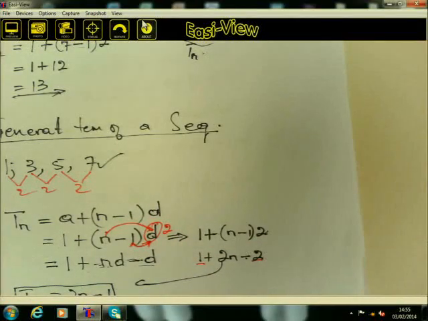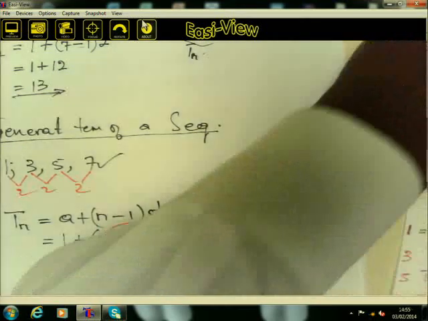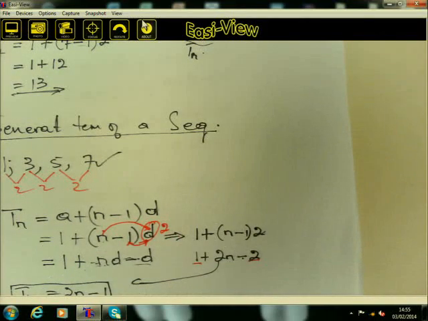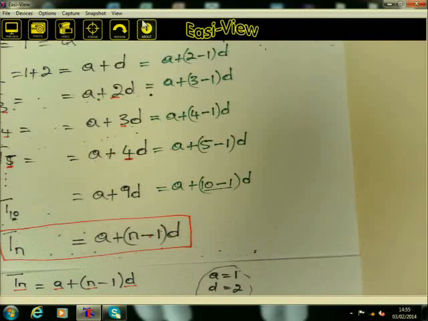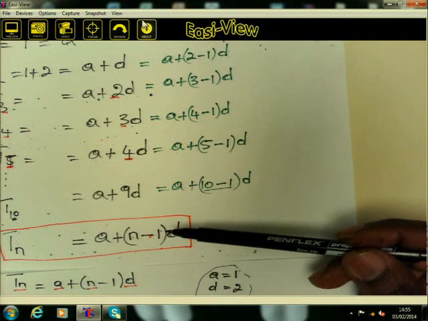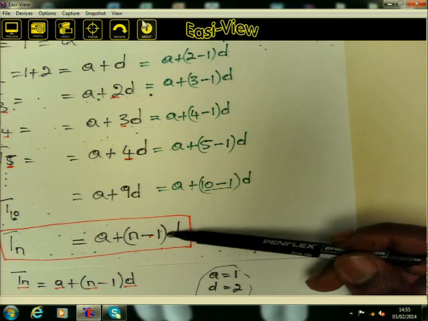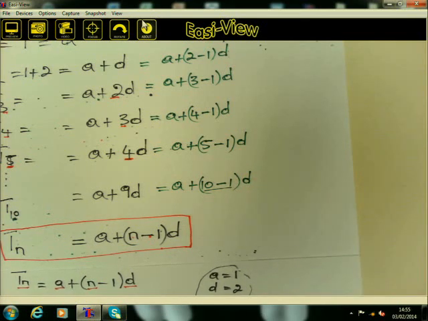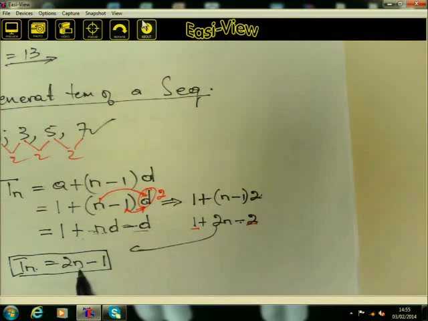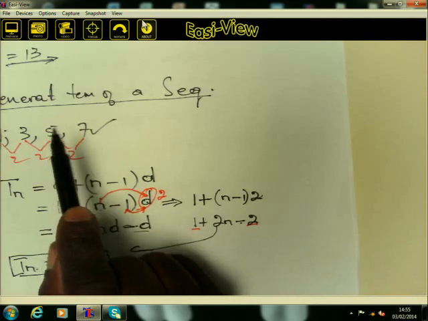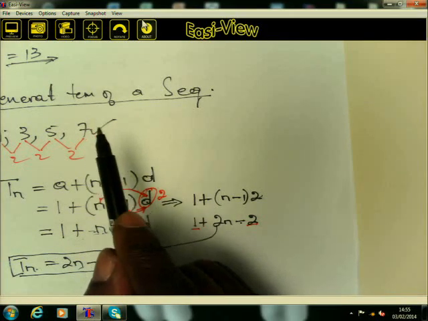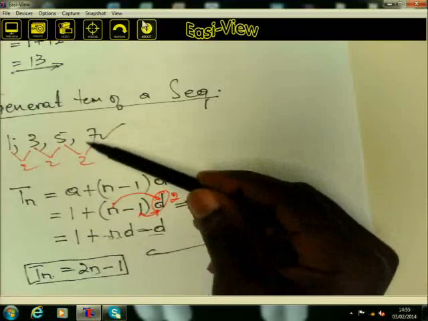The one that we had earlier, Tn equals a plus n minus 1 d, is the general term for any arithmetic sequence. But this one is the general term for this specific one. Remember, each and every sequence has its order, has the way that it is developed. So this one has this one.